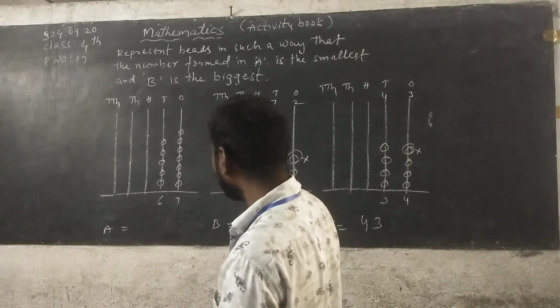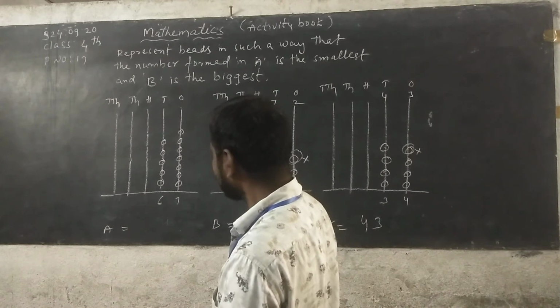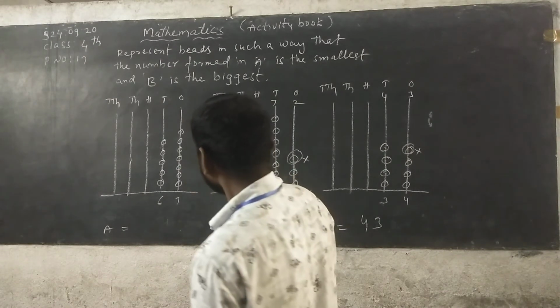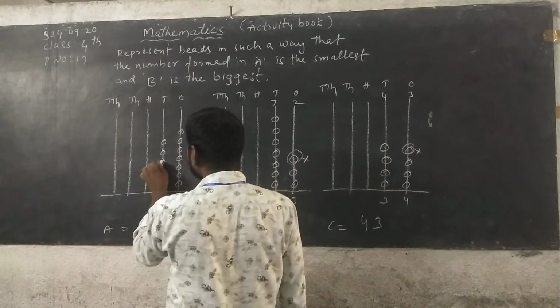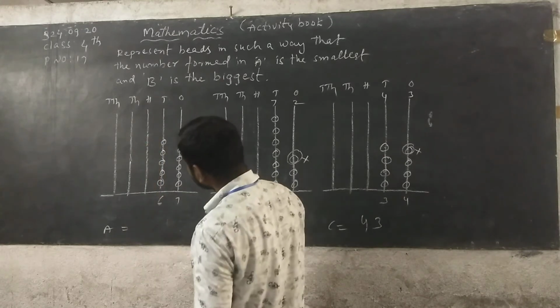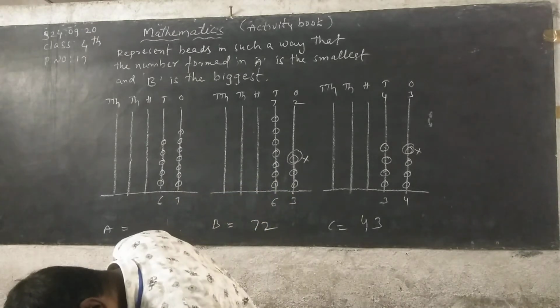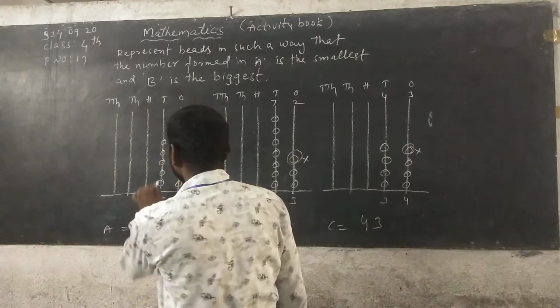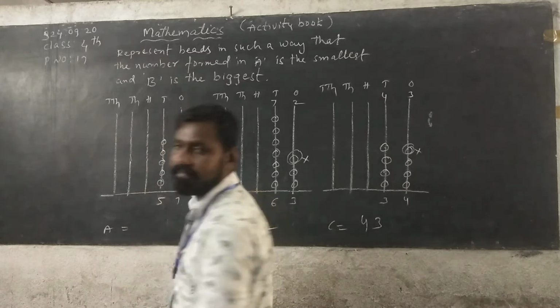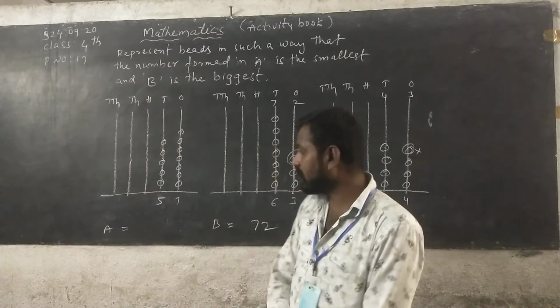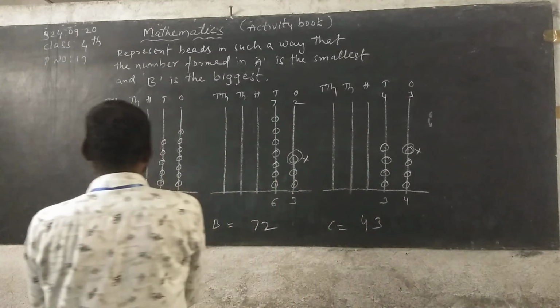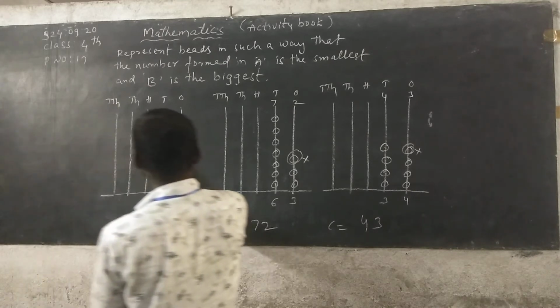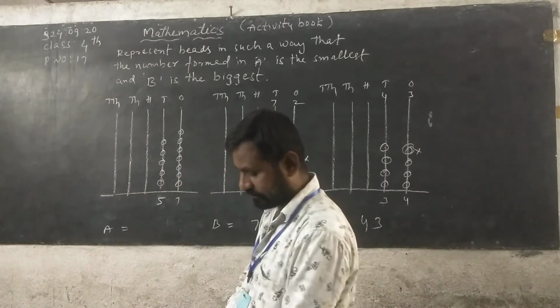See here, in 10's place 1, 2, 3, 4, 5. 1, 2, 3, 4, 5, not 6, 57. 1, 2, 3, 4, 5 beads given. So now I am taking 2 beads from 10's place to 1's place.